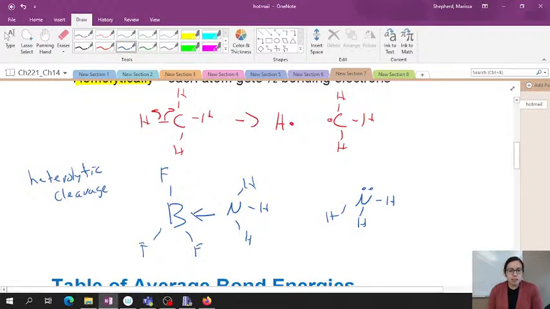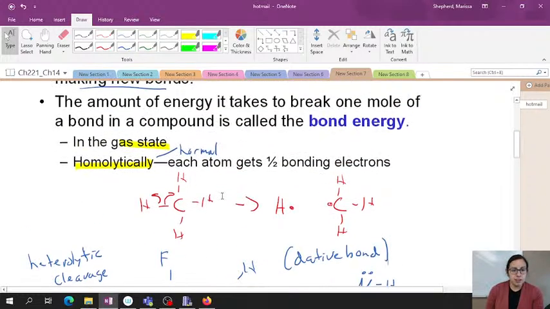Sometimes you see it drawn like this as well with an arrow, like if you look at papers. This is also known as a dative bond. And that just means that someone is contributing 2 electrons. So again, this would just be a case where that would not be. If you were to break this up in the gas state, it would cleave heterolytically, meaning nitrogen would gain back those 2 electrons.